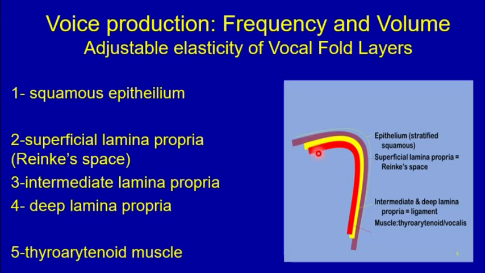And the final layer, the deepest, is a muscular layer formed by the thyroarytenoid muscle. This very fine design allows modulating and adjusting the elasticity of the vocal folds to produce exactly the required frequency and intensity of the voice.